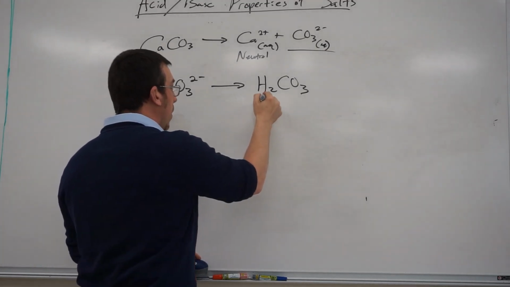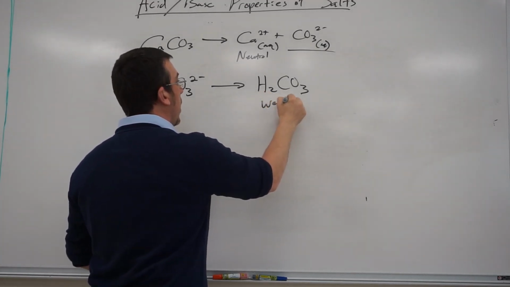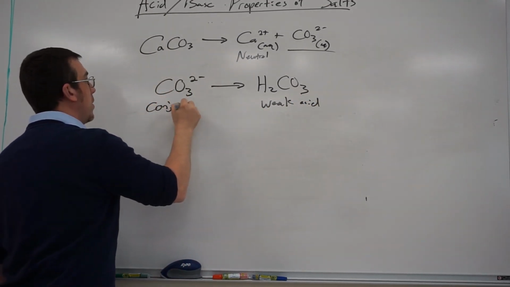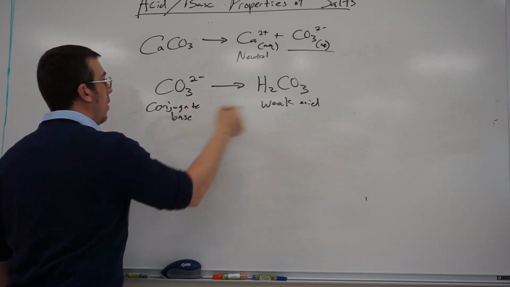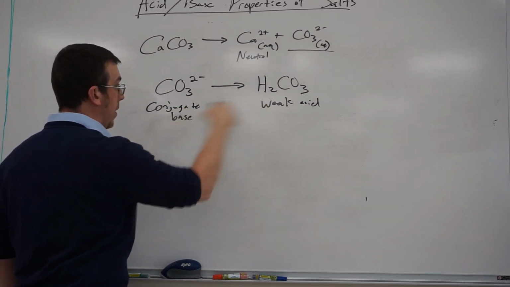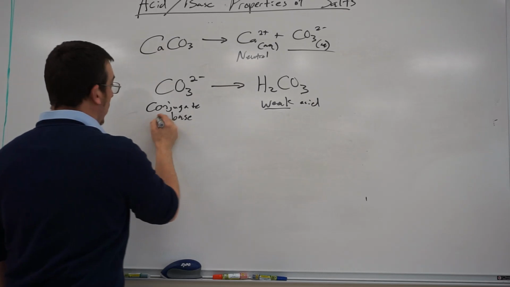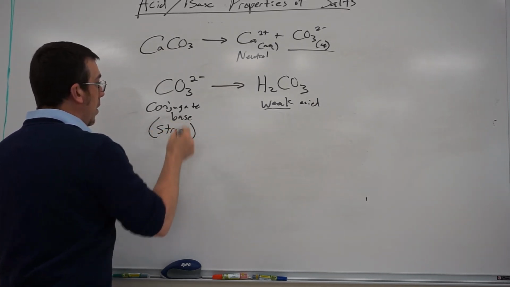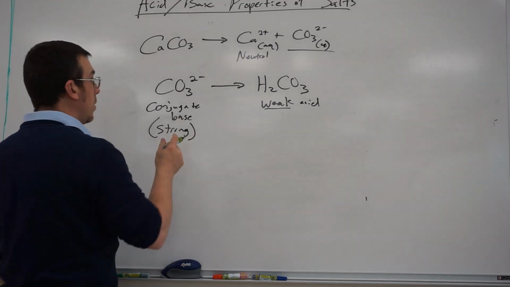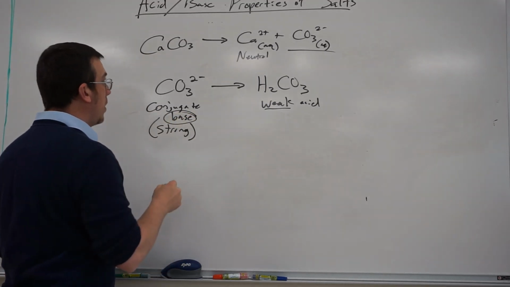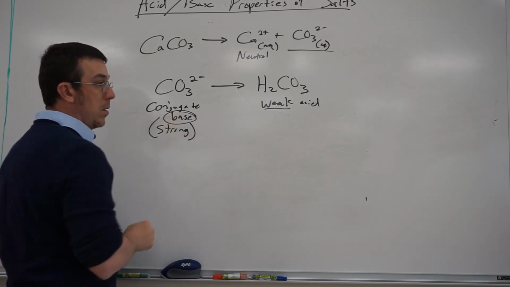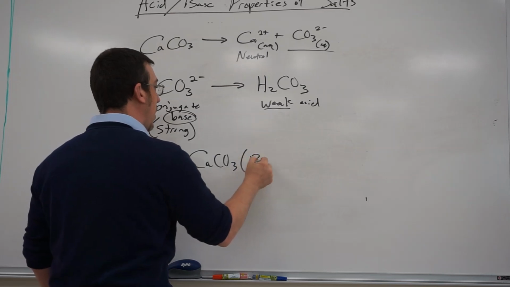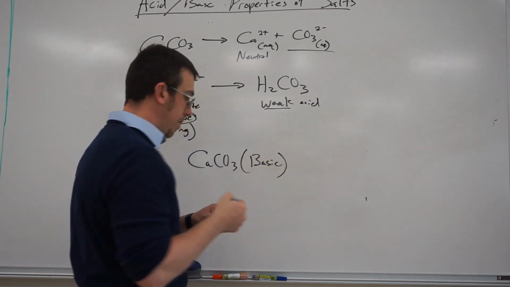But carbonic acid is a weak acid, and carbonate is going to be the conjugate base of this weak acid. So if this is the conjugate base of a weak acid, that means that the carbonate is strong by nature. And so how does that affect the pH of the solution? Well, since it's a conjugate base, it's going to cause the solution to become basic. So calcium carbonate is a basic salt.